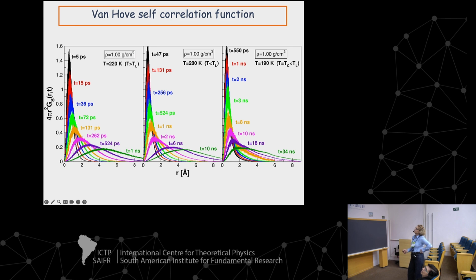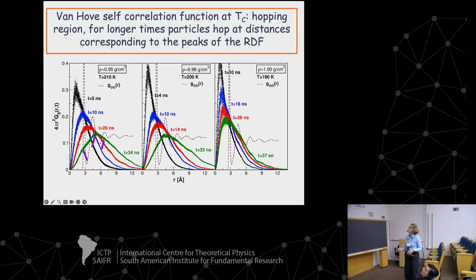And again, you can have some hopping here, but you don't see it very well. But when you arrive at the mode coupling crossover temperature, the hopping is clear. But you have to go, you see, to very long time, because the particle needs to get the large fluctuation, and it's a probability. So it's not so likely that they can jump. So you have to wait so that the particle has time to jump.